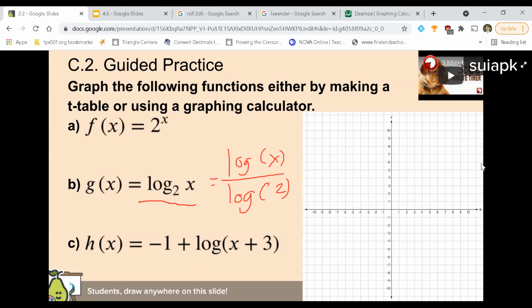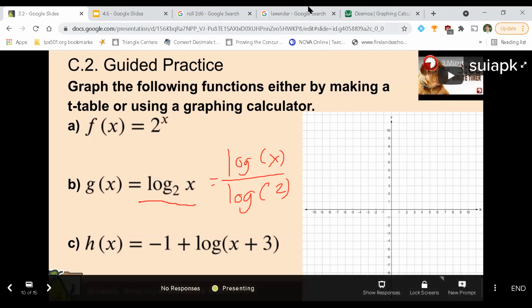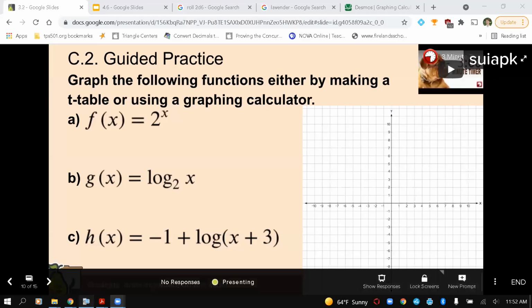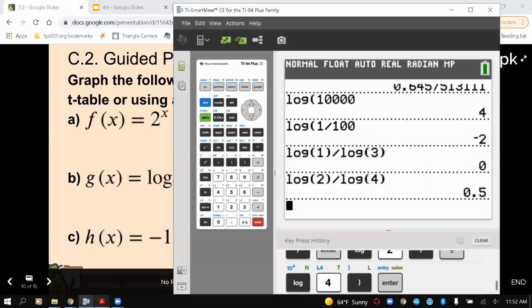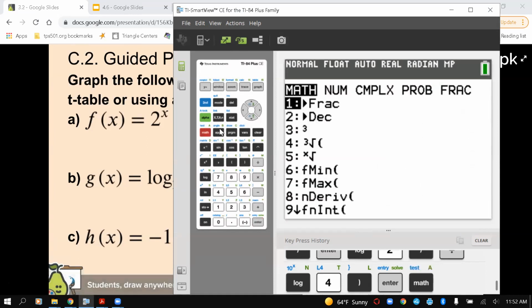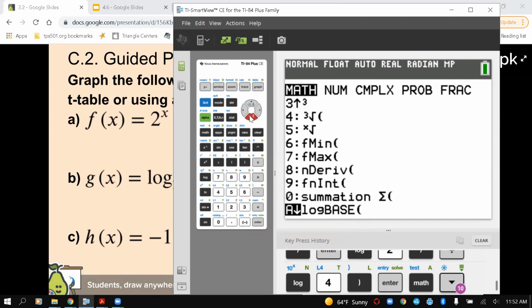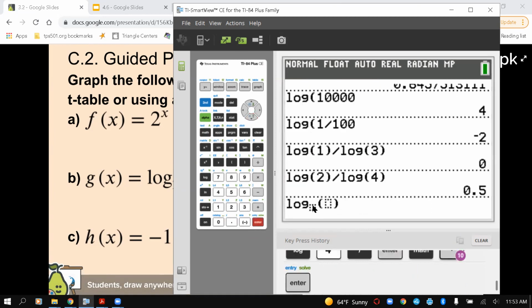Okay, last thing I'm going to show you, thanks to Nolan. This may not apply to you, but if you have the newest version of the calculators, you do not actually have to do this thing that I've been doing. If you hit math and go down to option A, again, that might not exist in your calculator, but then it'll give you a little box that you can do it.